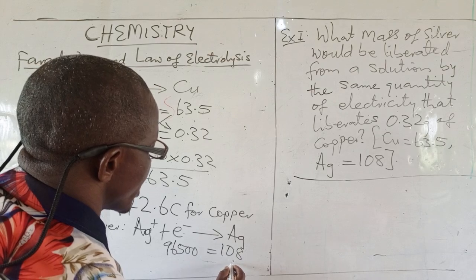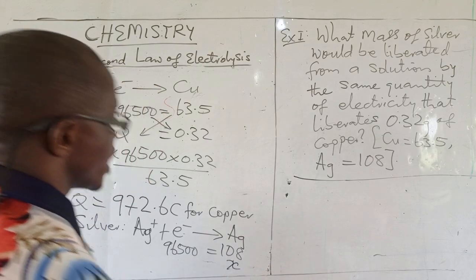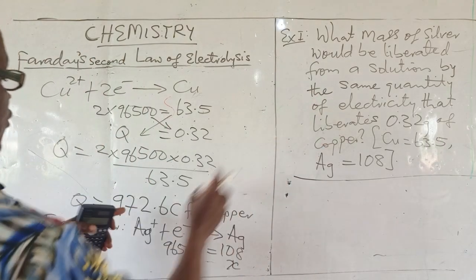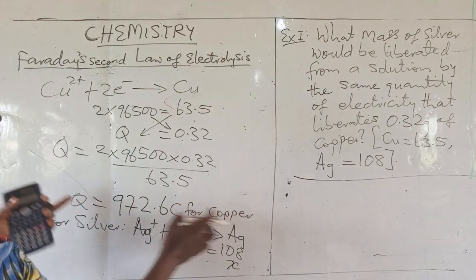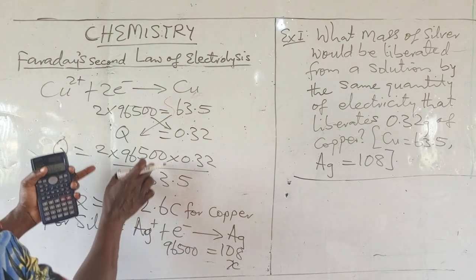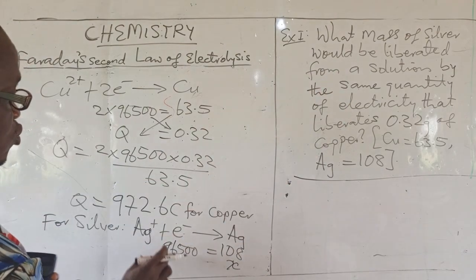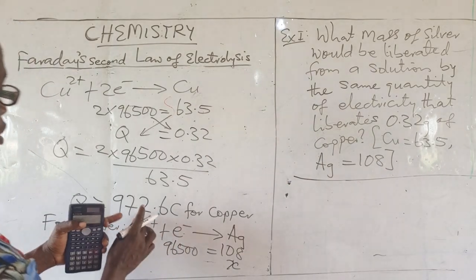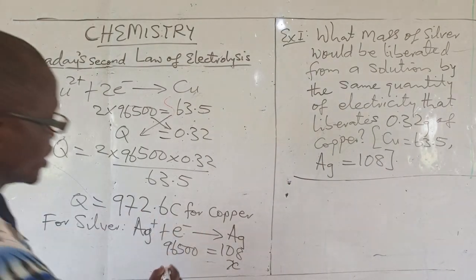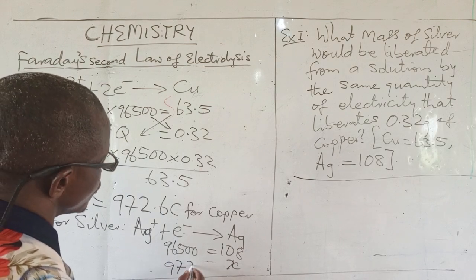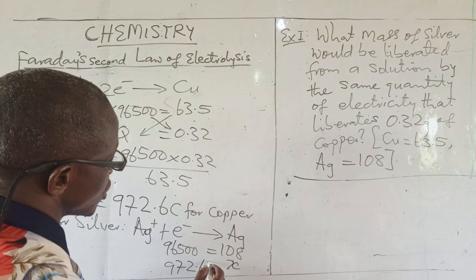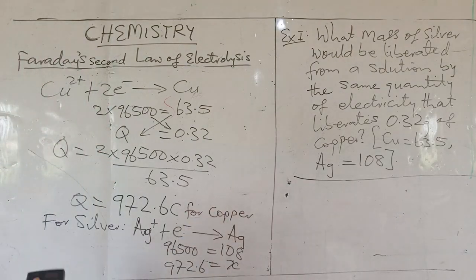Silver mass you don't know, use X there. And then that value that you obtained, because it's still the same quantity that passed through the copper that is also passing through silver. So bring that quantity of electricity you calculated, which is 972.6, will give you the quantity you don't know.